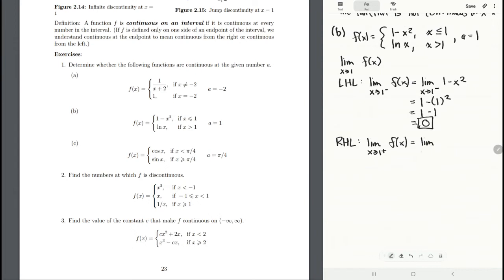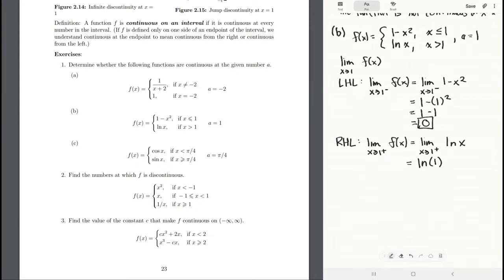So what we have is that the limit of f of x as x approaches 1 from the right is equal to the limit of the natural logarithm of x. Then we can take the limit. We will substitute the value of 1 for x, so we end up with the natural log of 1.